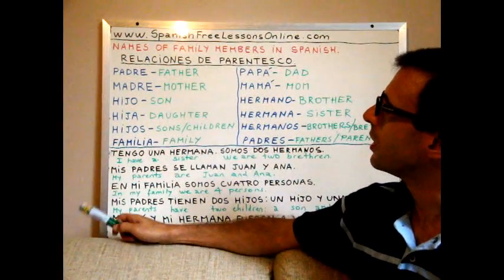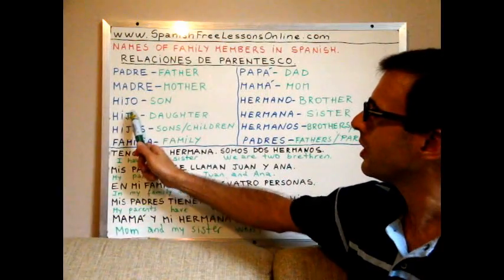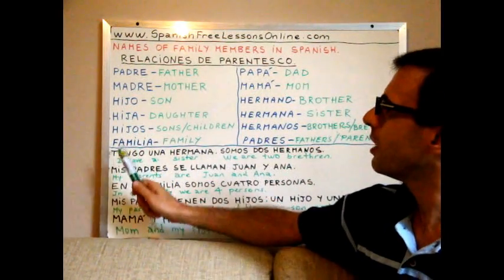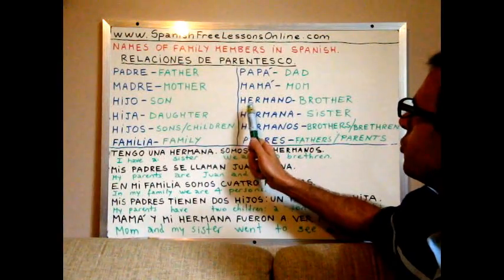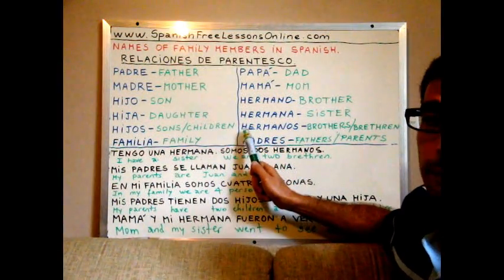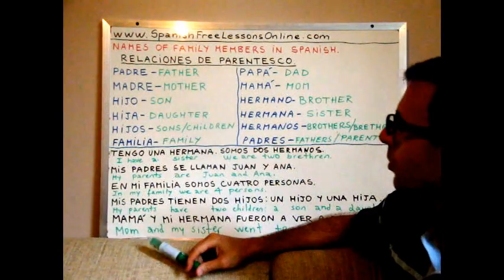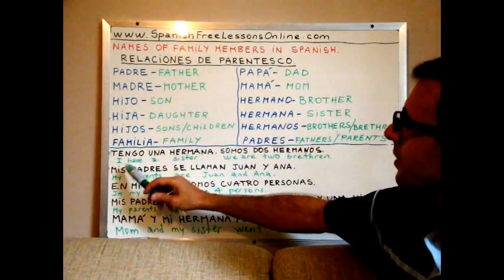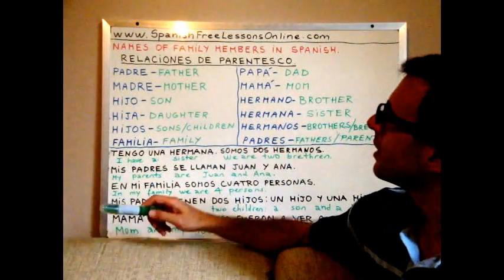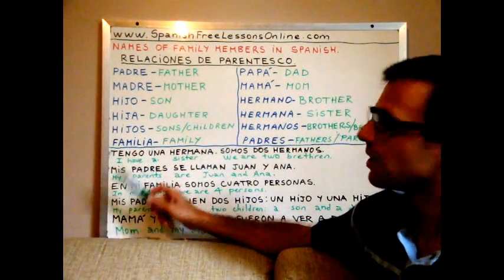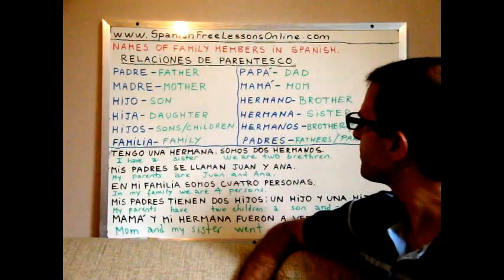So we were talking about padre, madre, hijo, hija, hijos, familia, papá, mamá, hermano, hermana, hermanos, and padres. Now I have written some 5 sentences where we will see the application of some of these new words, okay?